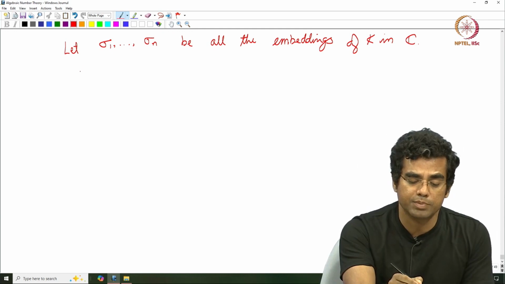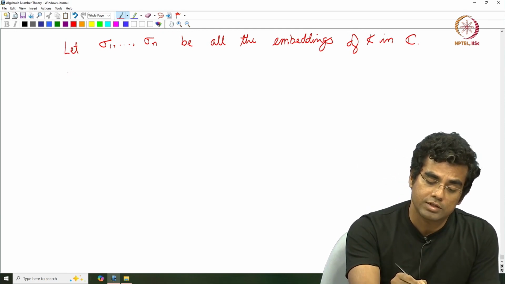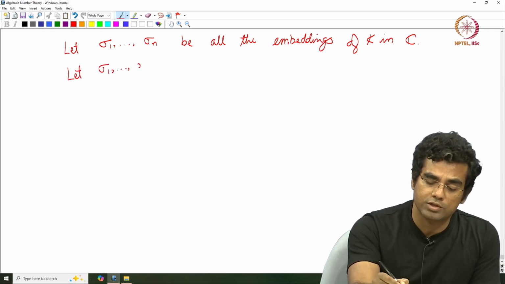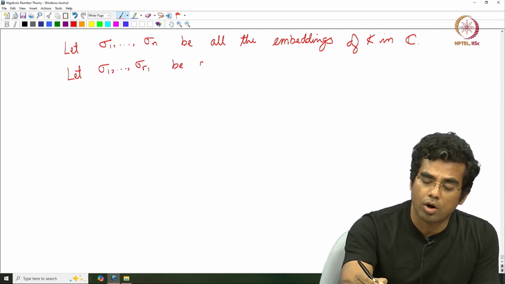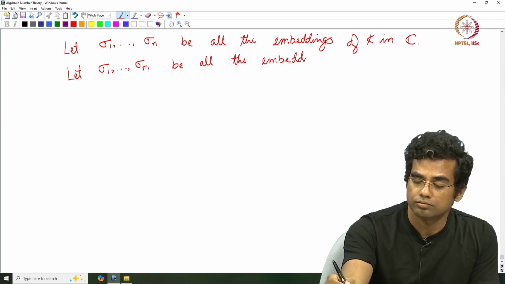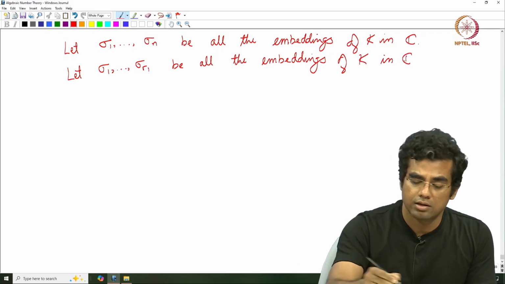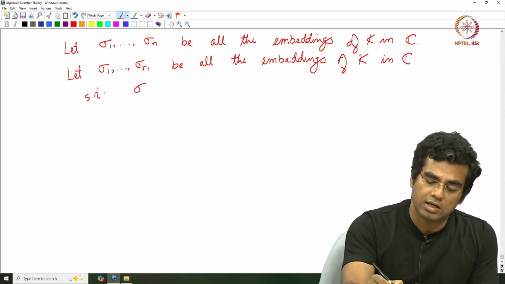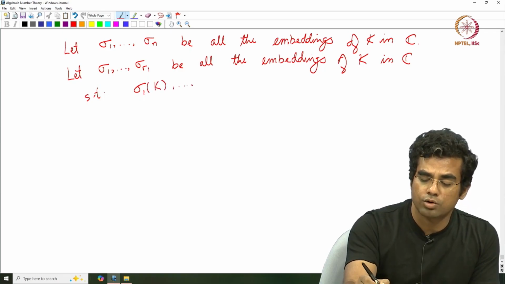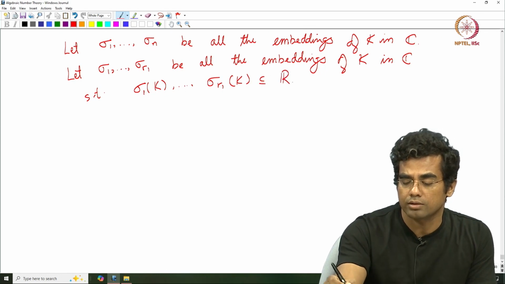We already saw this particular statement when we defined norms, but now let sigma 1 up to sigma r1 be all the embeddings of K in C such that sigma 1 of K and so on up to sigma r1 of K are all contained in R. Okay.